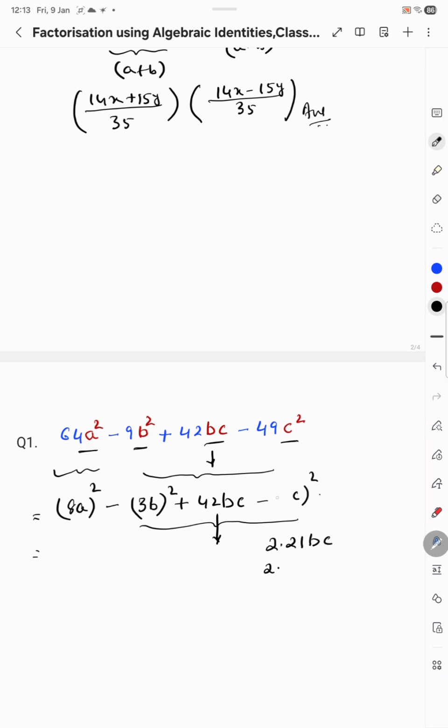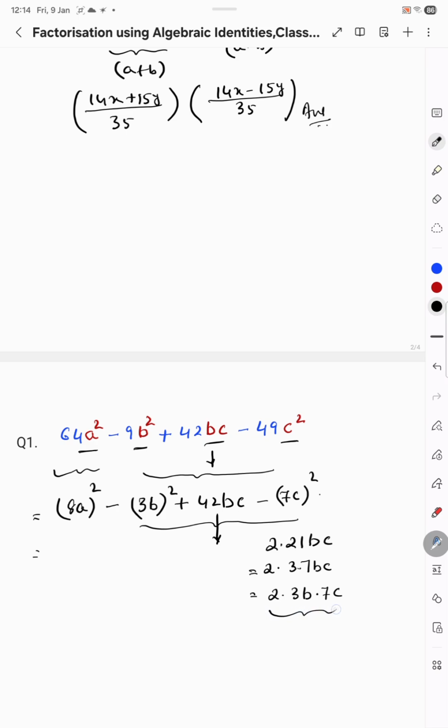So 49c square is 7c whole square. So 21 can be written as 3 into 7bc, or we can write it as 2 into 3b into 7c.